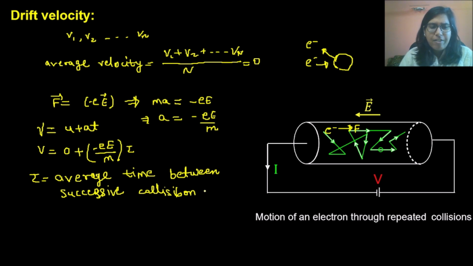So we are calculating this velocity between two collisions, right? So V equals, here we will denote it as VD. VD is the drift velocity, and it will be minus eE by m into tau. So remember this formula.